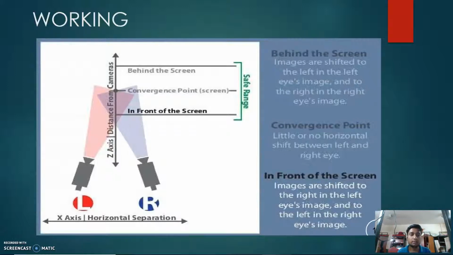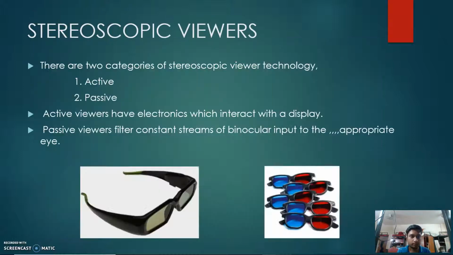When the observer sees both images, the brain combines the two images as a 3D image, and an illusion is created which signifies to the brain that it is a 3D image.